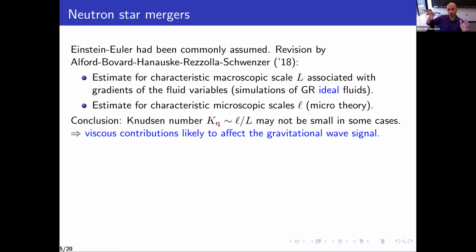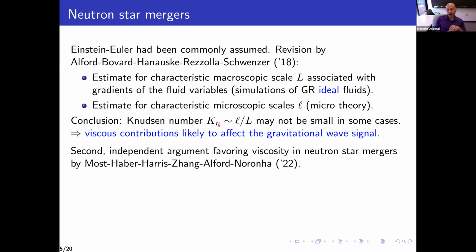If the Knudsen number is not small, you cannot truncate your expansion at the zero order. You have to include at least the first order, maybe higher contributions. And the first order contributions in the Knudsen number are precisely the viscous effects. So that's why, if the Knudsen number is not small, viscosity is important.